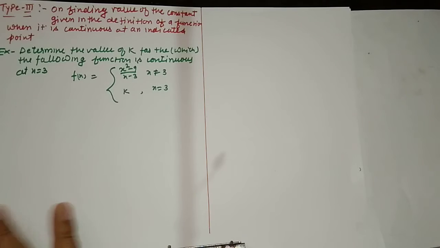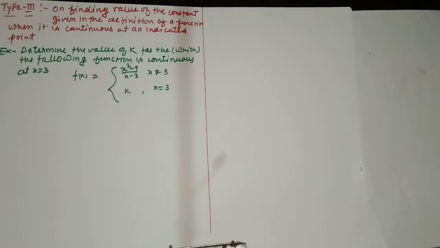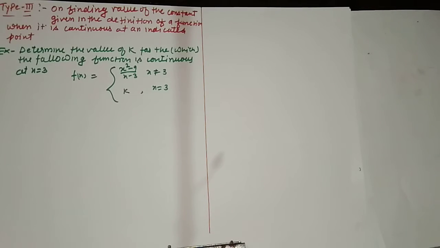Friends, in this video session we are going to discuss Class 12th maths continuity. We have already discussed how to find the continuity of a function of two types. In type 1, both sides of the function have the same definition.